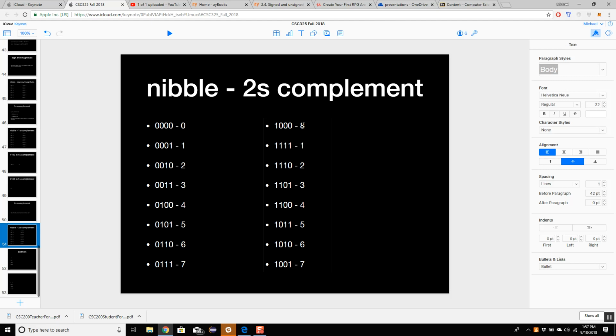Could we say that? Because now I have the ability to uniquely represent that many different values. So I've gained an extra unique representation that I did not have before.